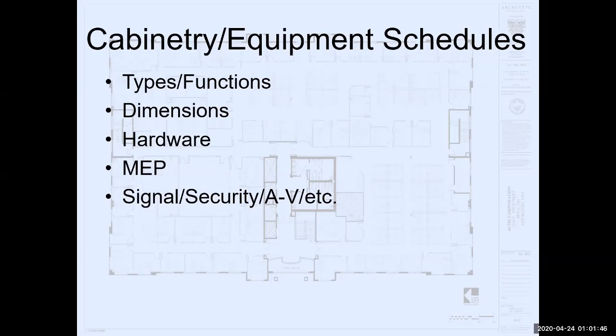So you can see we're starting to get into some pretty detailed stuff that just has to do with mechanical, electrical, plumbing. And as I mentioned, there's a lot of control, low voltage stuff that gets put into these cabinets.